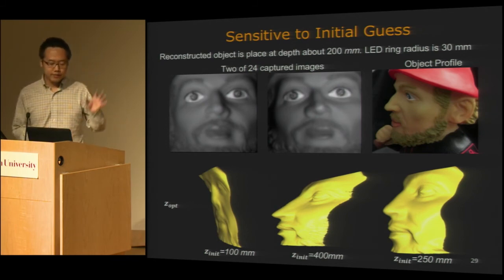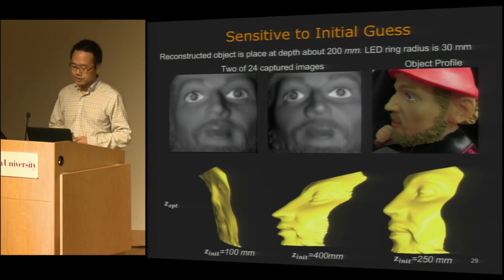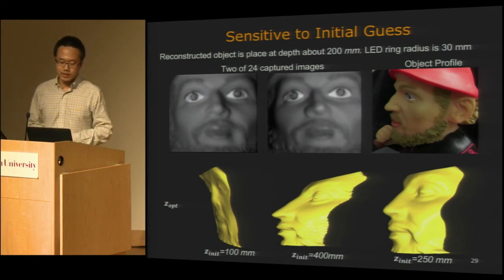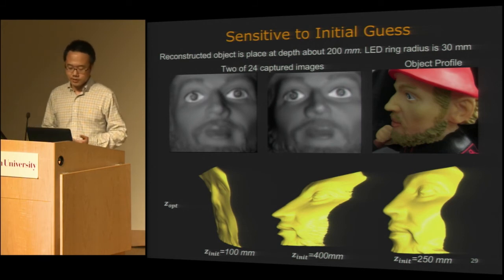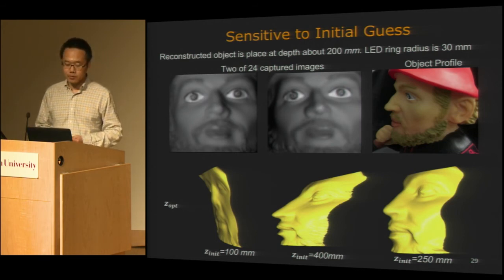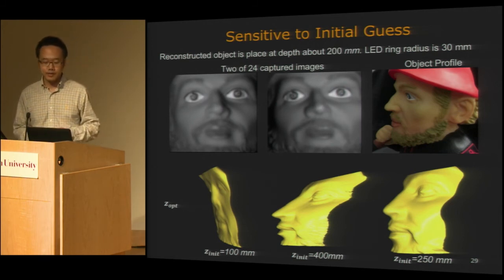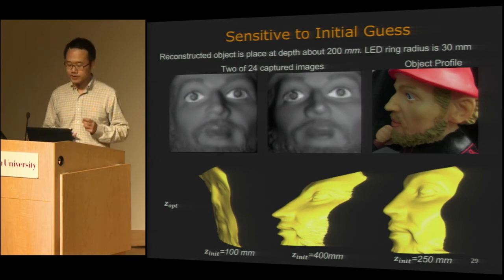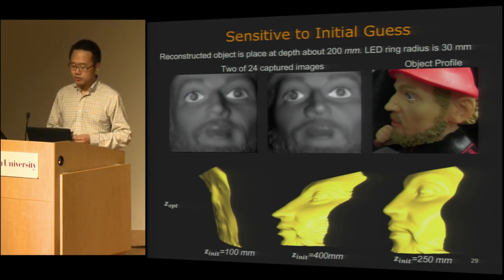As we can see, if the initialization is far from the true depth, we still suffer from incorrect surface reconstructions. So, a good initialization of the depth values at vertices is very crucial for us to avoid being trapped in a local minimum.